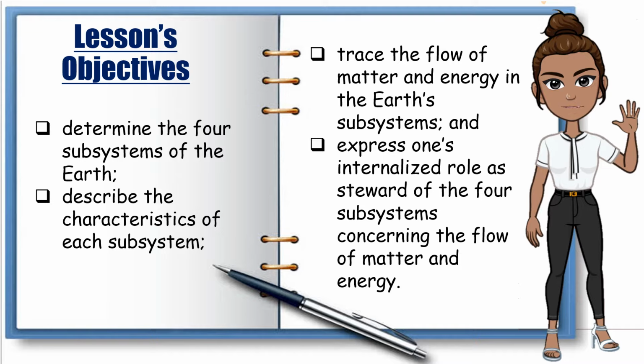Specifically, this module will help you to determine the four subsystems of the Earth, describe the characteristics of each subsystem, trace the flow of matter and energy in the Earth's subsystems, and express one's internalized role as a steward of the four subsystems concerning the flow of matter and energy.